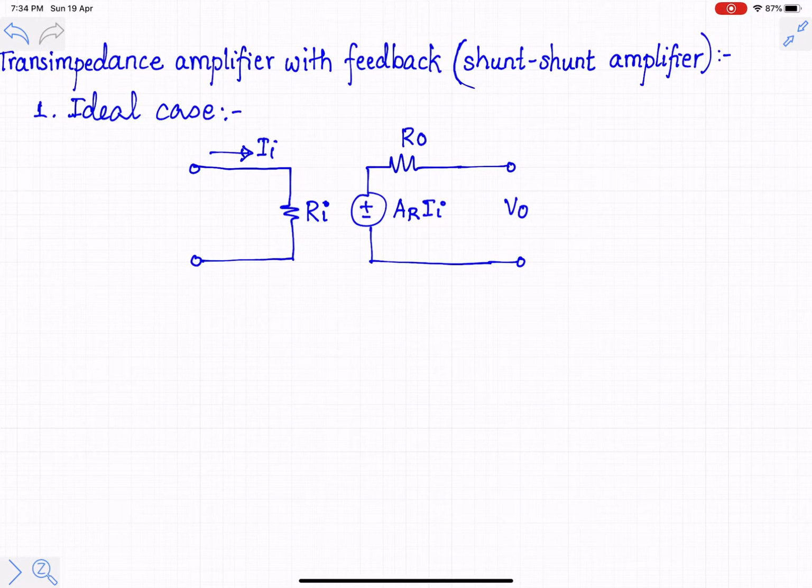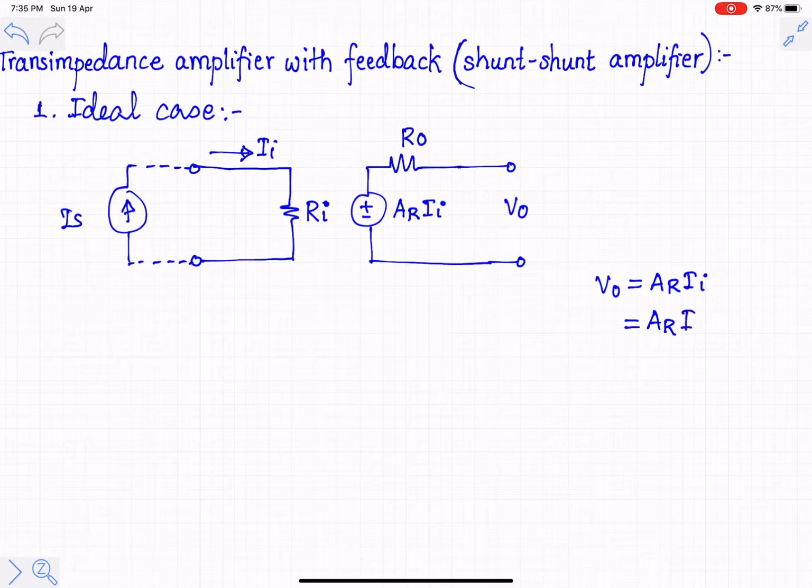If the input current source is connected here, which is Is, so we can see that Ii is equal to Is, and we have Vo is equal to AR into Ii, which is equal to AR into Is. So Vo divided by Is is equal to AR.